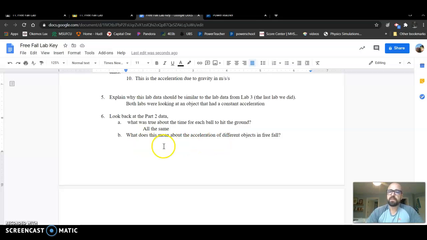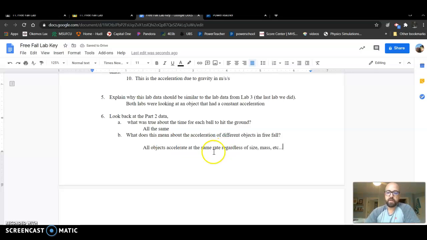And then what that means about the acceleration of different objects in free fall is that all objects accelerate at the same rate, regardless of size or mass, anything about them.